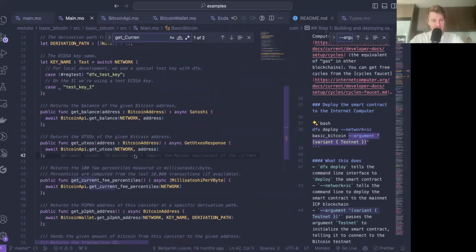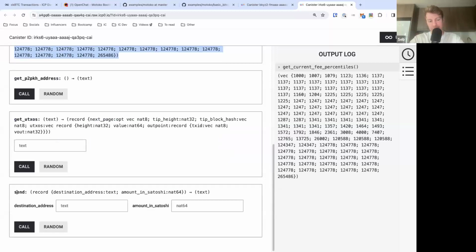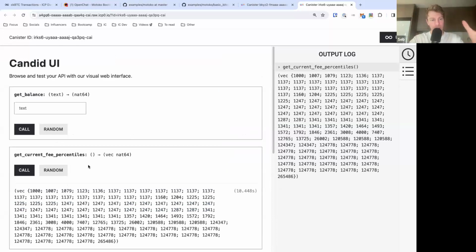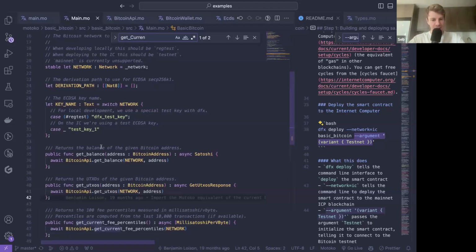Okay. So we could send from an address if we have Bitcoin that we own in this wallet. I guess currently we don't own any Bitcoin because we don't have any address.